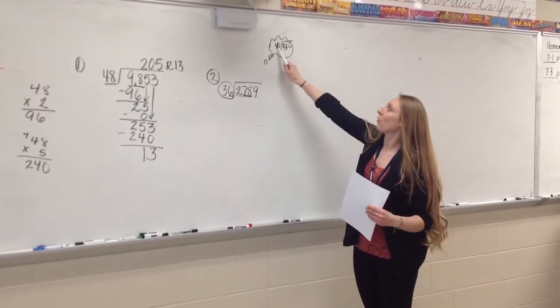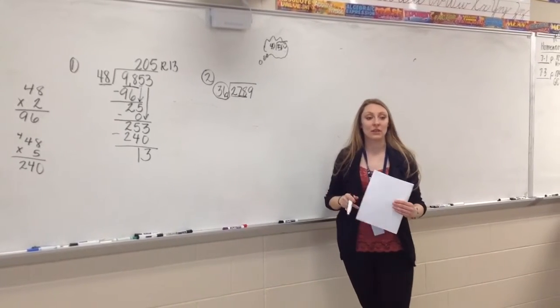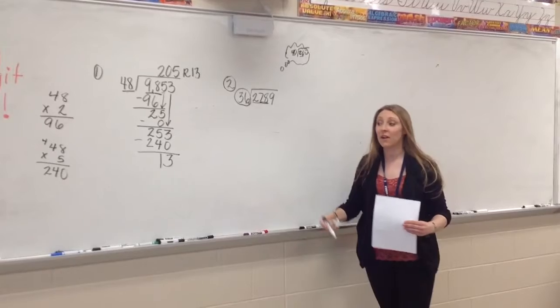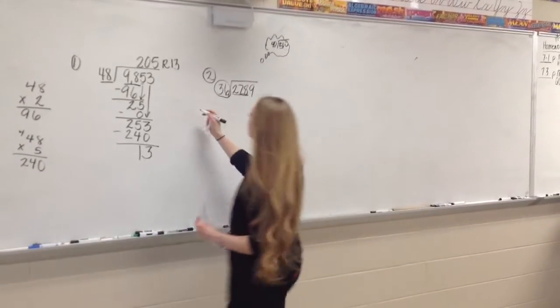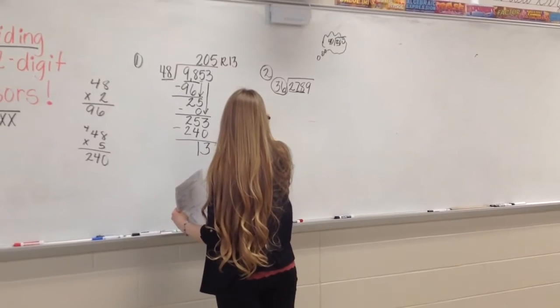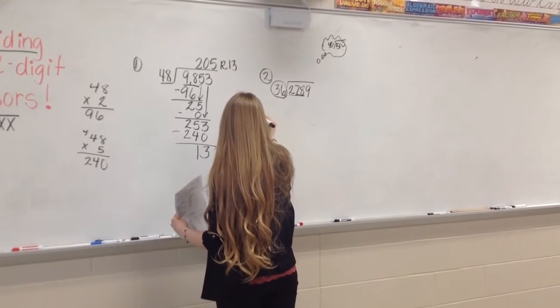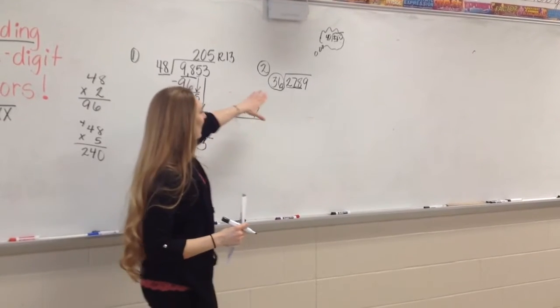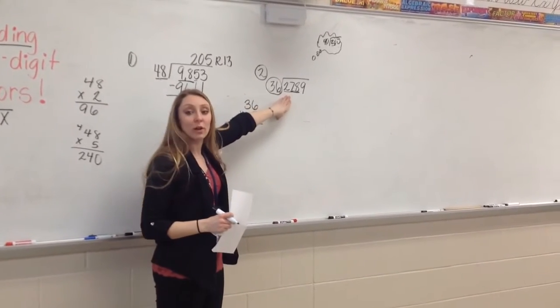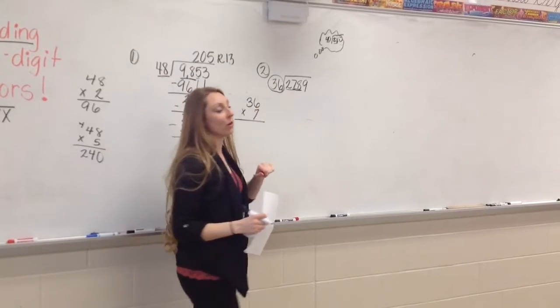Now, 4 goes into 28 7 times. 4 times 7 is 28. That's why I'm using 7. So I'm going to take 36, and I'm going to try multiplying it by 7. And when I do that, I want to make sure that I get a number that's close to 278 without going over.